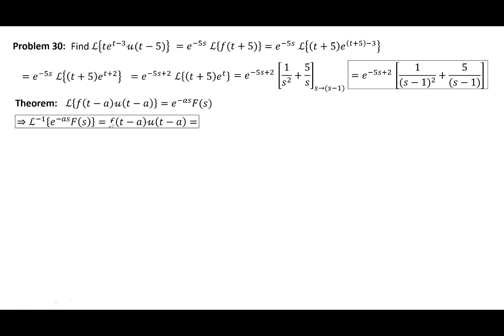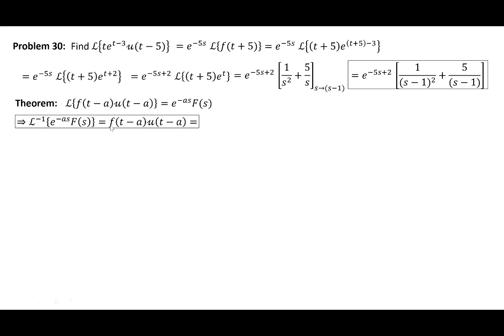But the question is, what is this f of t minus a? How do we figure that out? Would we know F of s? Yes. What happens if we were to invert F of s? We get f of t. But what is here? f of t minus a. Do we know a? Yes.